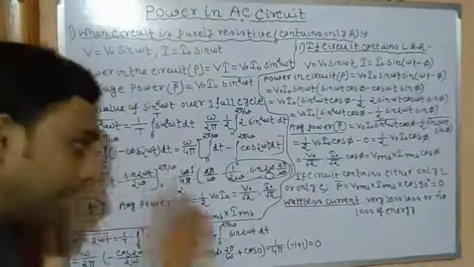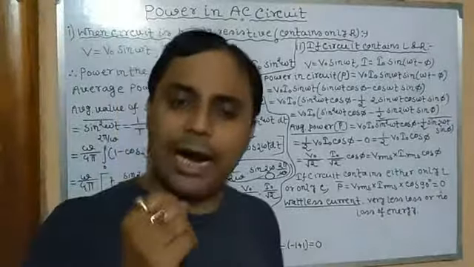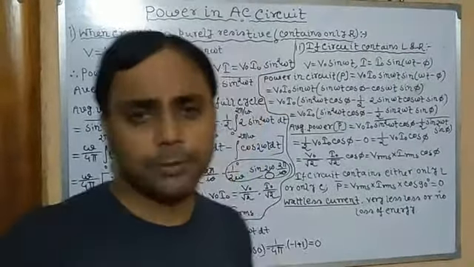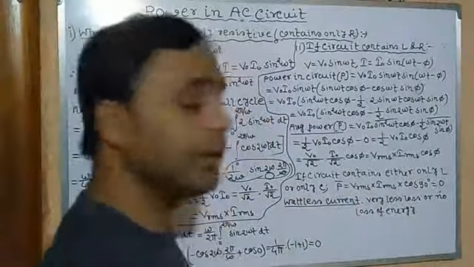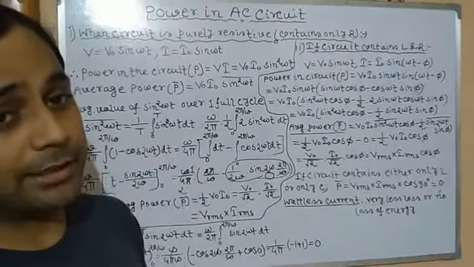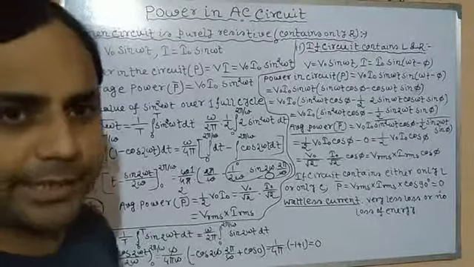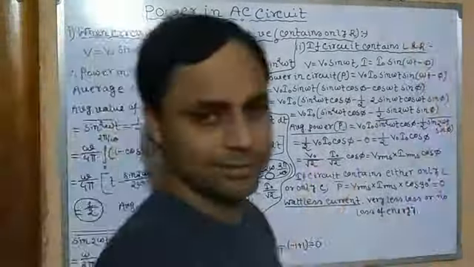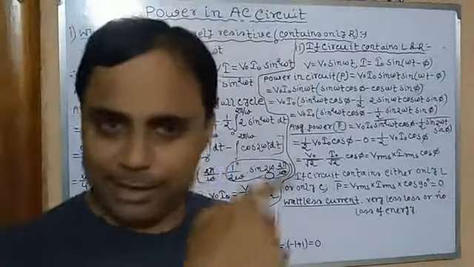Now, if the circuit is either purely inductive or capacitive, meaning it contains only L or only C, then we know that in a purely inductive circuit, voltage is ahead and current is lagging, as I said, by minus pi by 2.